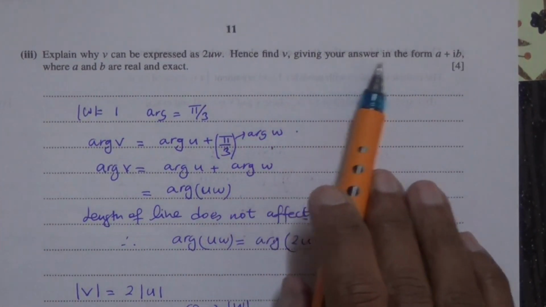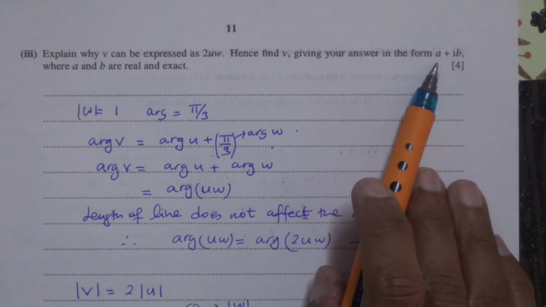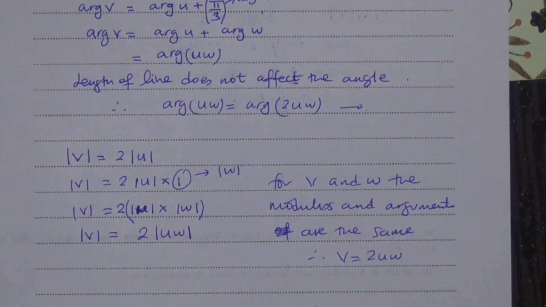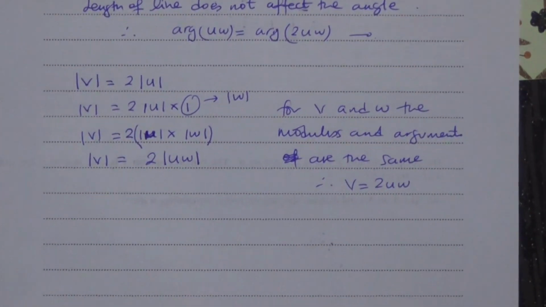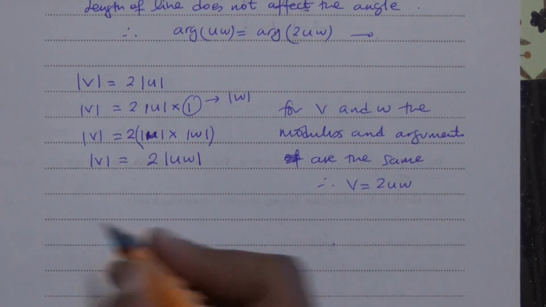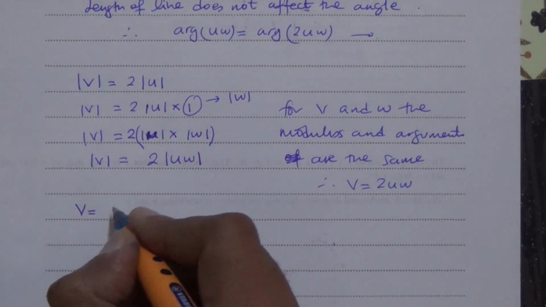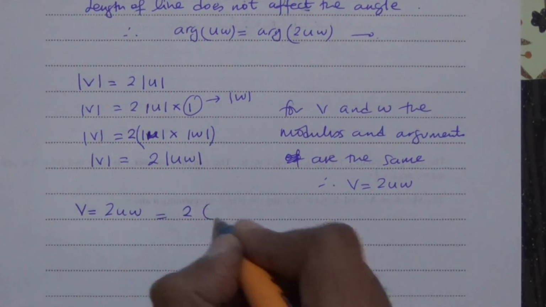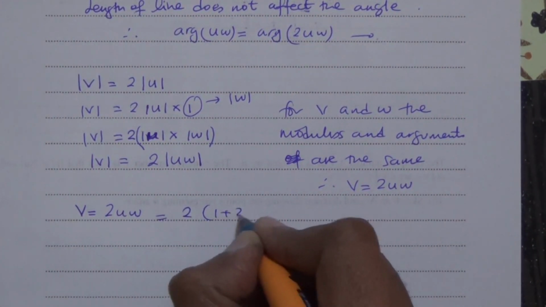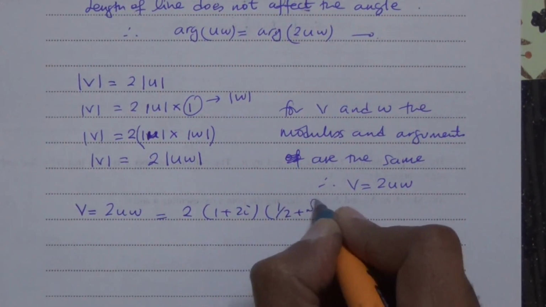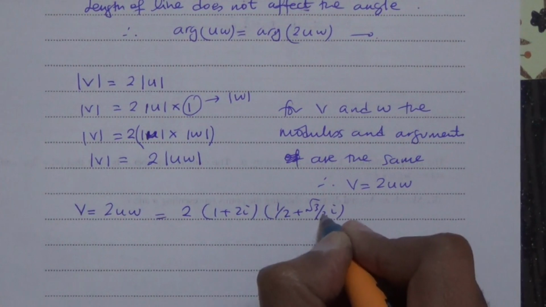Hence find V, giving your answer in the form A plus iB, where A and B are real and exact. So in order to do this, what they're saying to us is that V is equal to 2UW. So we have 2 times U, which is 1 plus 2i, times W, which is half plus root 3 over 2 i.